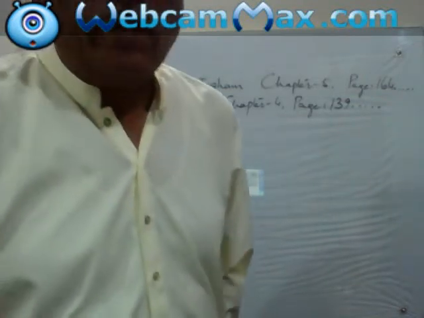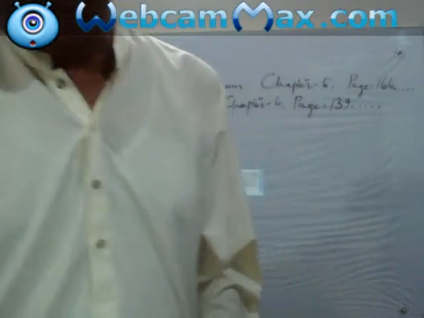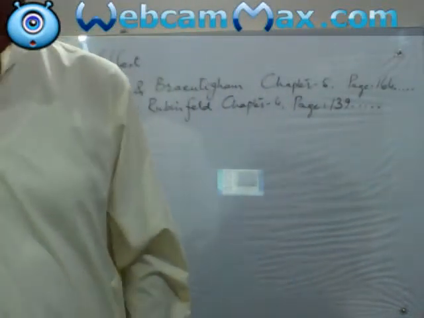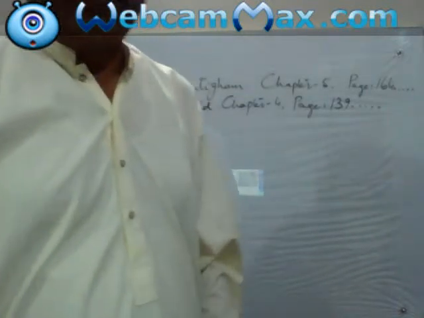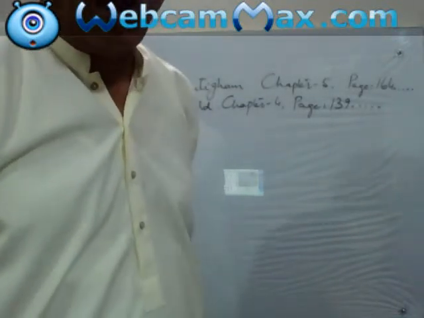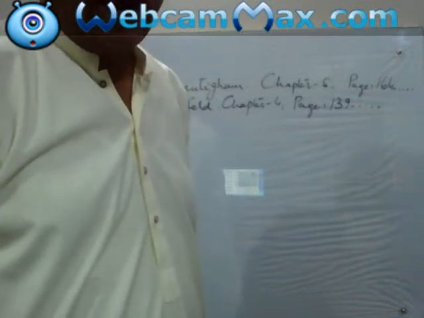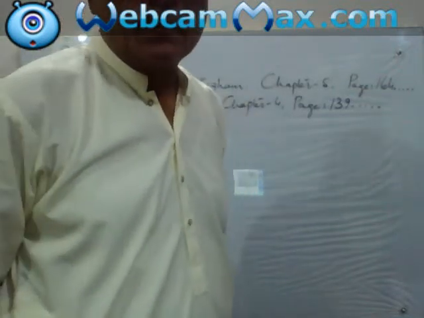All right, good morning. Now, today we are going to start our new topic, which is price effect. This topic is in continuation of our last topic, where we discussed how changes in income and changes in price affect the consumer's optimum.